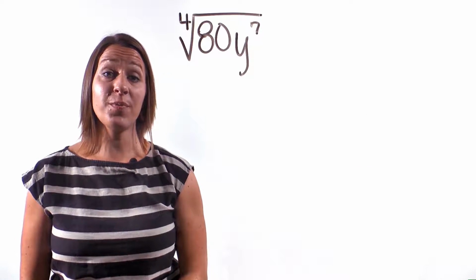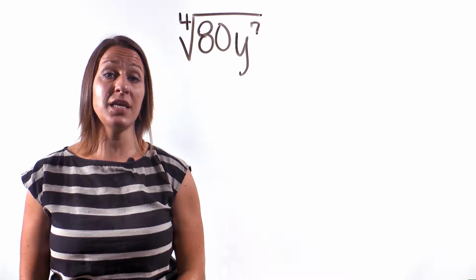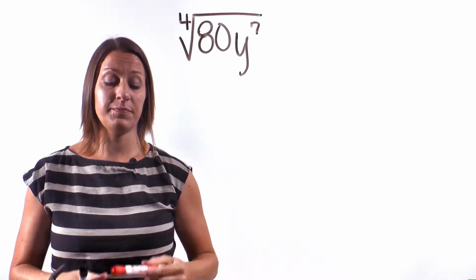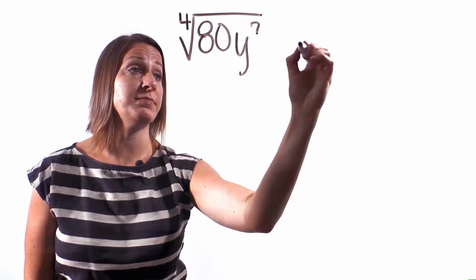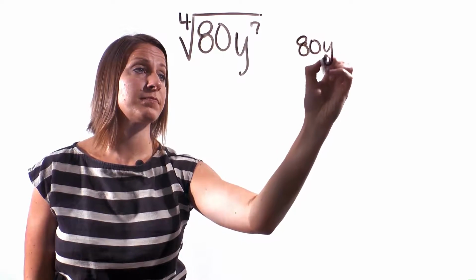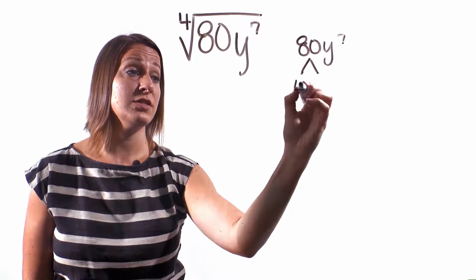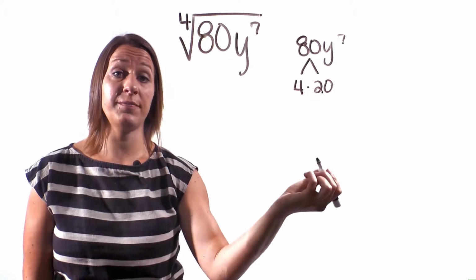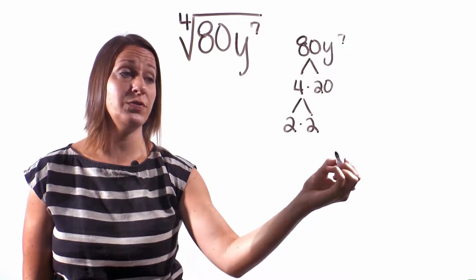Okay, let's try one more problem together. This is the fourth root of 80 y to the seventh. Let's first start by making our factor tree. 80 can break down to 4 times 20. 4 breaks down to 2 times 2.